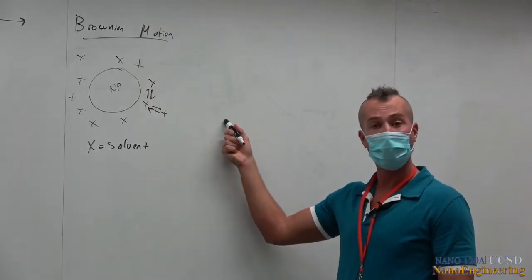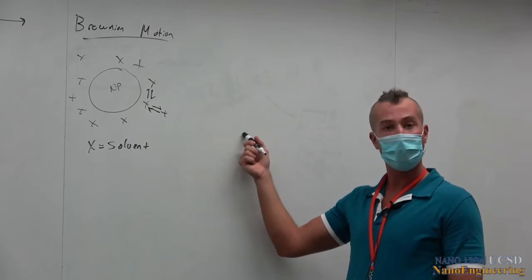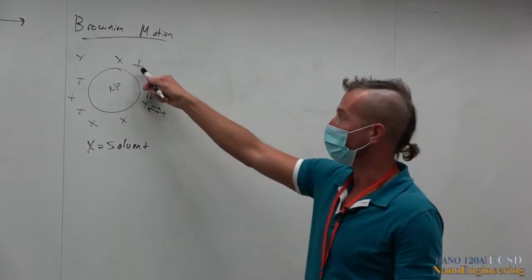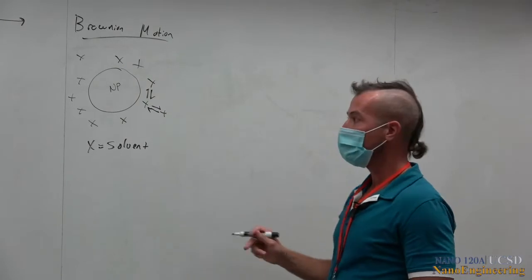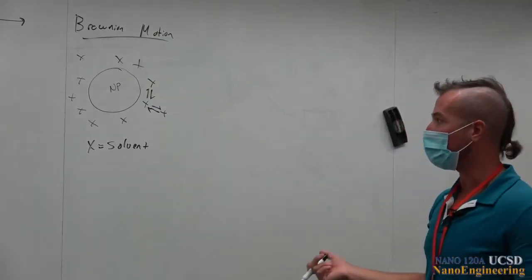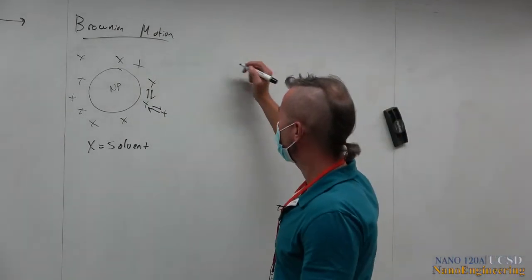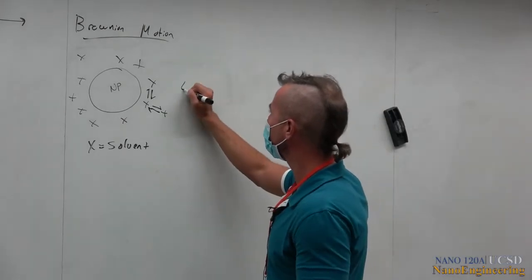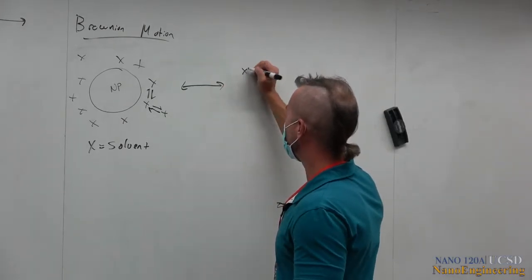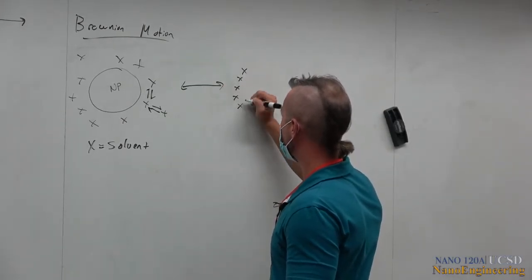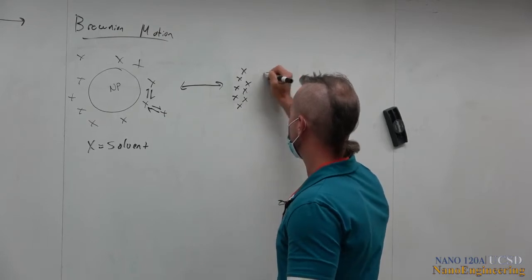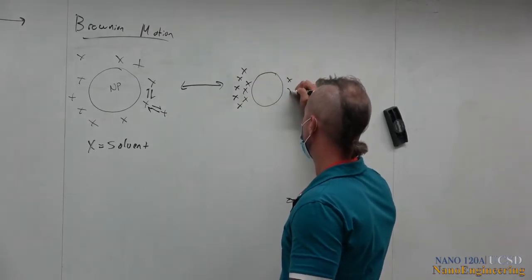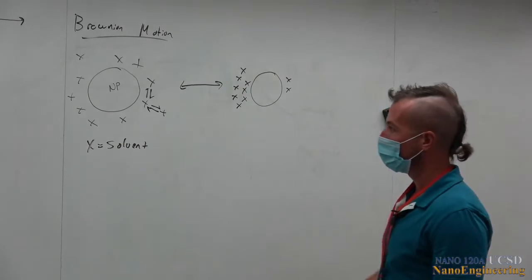They're in equilibrium with the solvent molecules that are even farther away. They're in equilibrium with the other particles closer. So there's some entropy here. And so there is a likelihood that more solvent can move to one side, right?